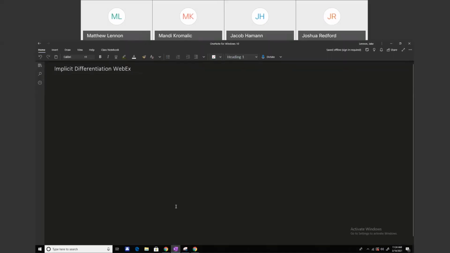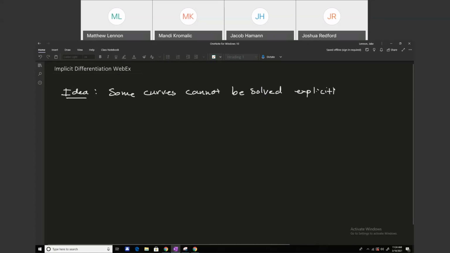Okay, so we're going to have a look at implicit differentiation today. And the idea is some curves cannot be solved explicitly for one variable.